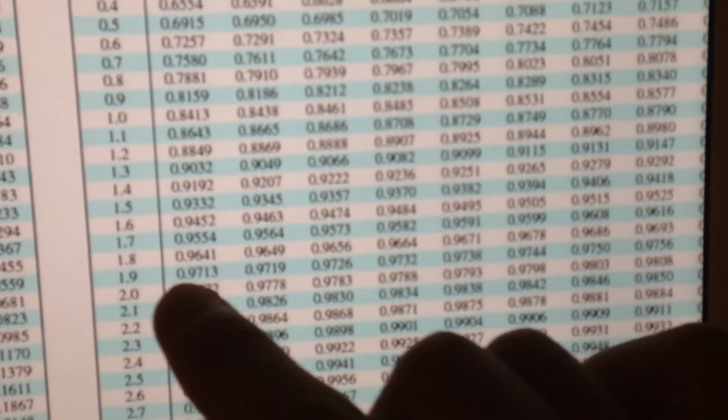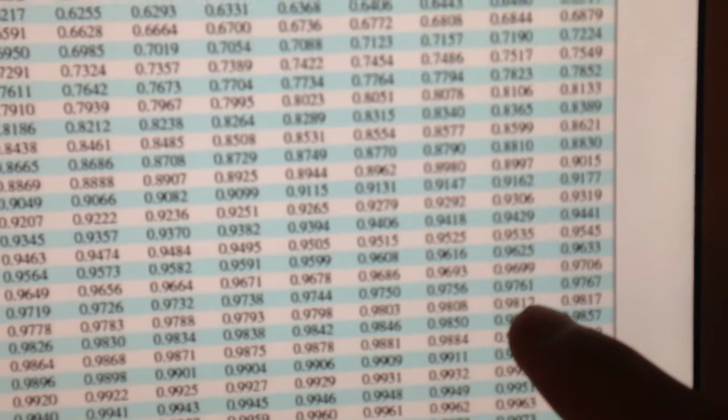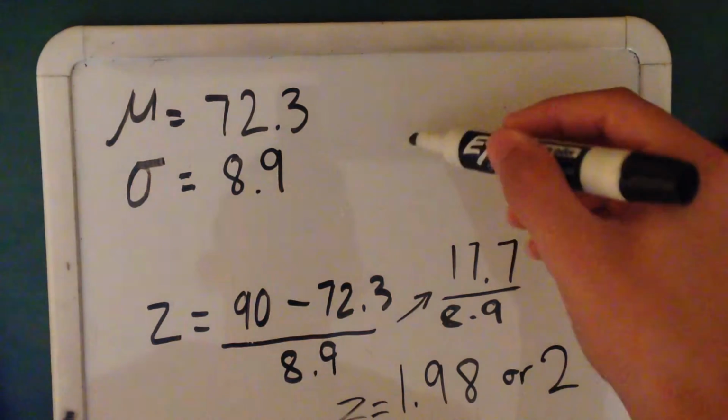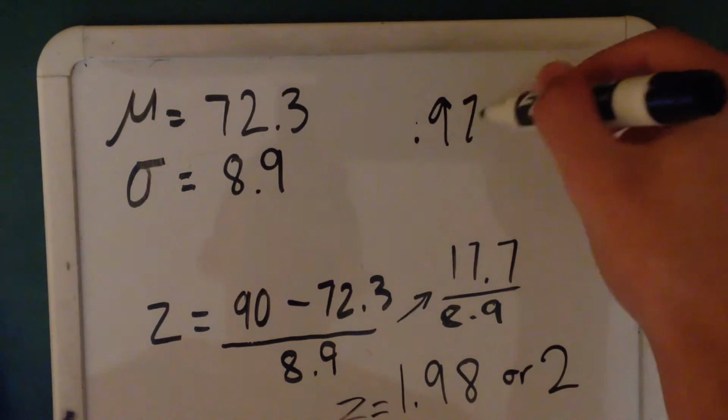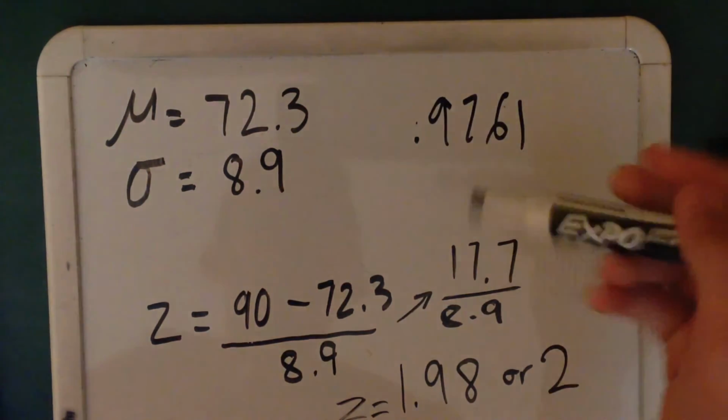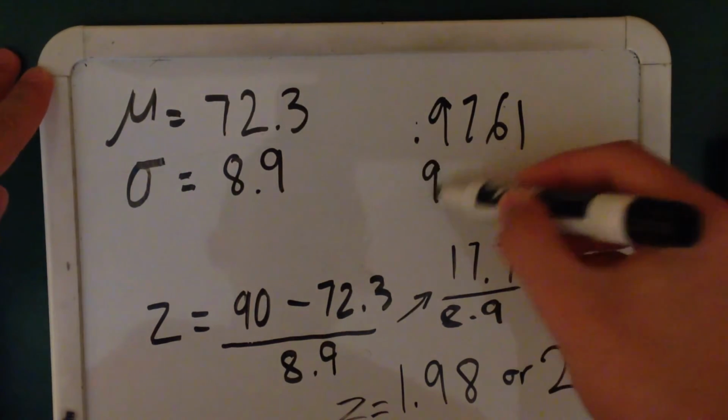And then the 1.9 is right there in that blue. 0.9761. We multiply that by 100, that will be 97%.